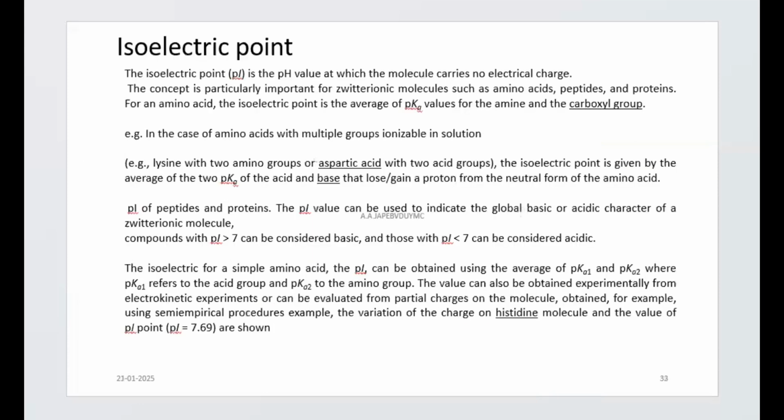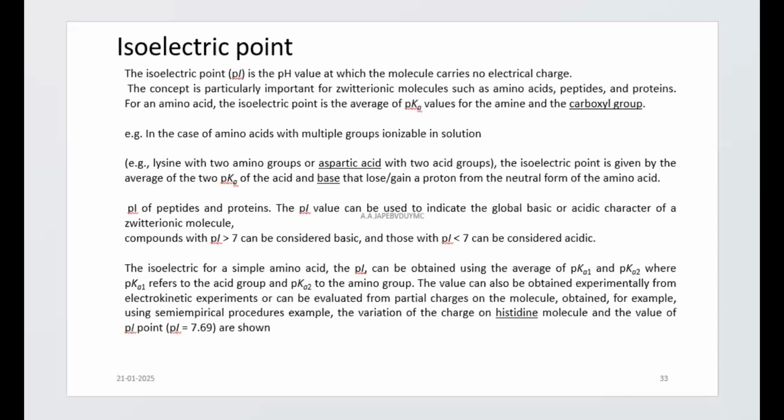Now here, when I talk about proteins, let's discuss the positive charge and negative charge, how it is there. The isoelectric point, or amphoteric molecule, zwitterionic molecule, examples as we know are amino acids, peptides, proteins, etc. Now let's take the example of an amino acid. How is the isoelectric point calculated? It is about ionization of the charge groups on the molecule.